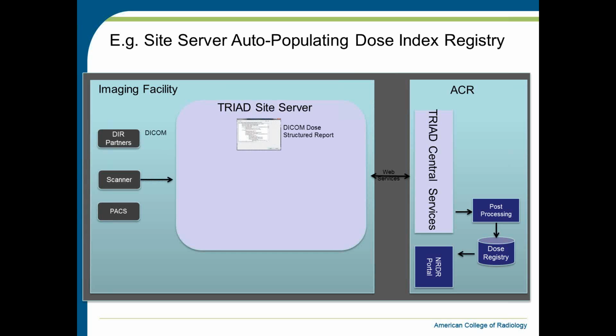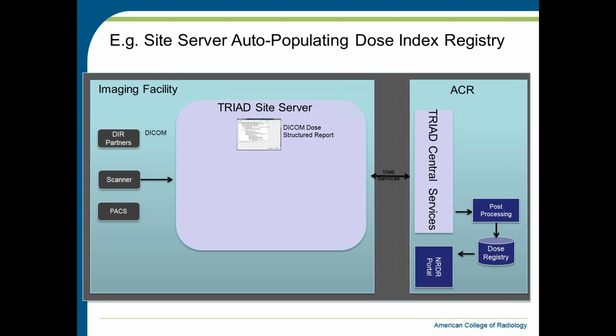This is a diagram that gives an overview of how we use the site server for those index registries. On the left-hand side, you'll see different ways of getting the data into the TRIAD site server. One of them, the one that has the arrow right now, is the scanners.